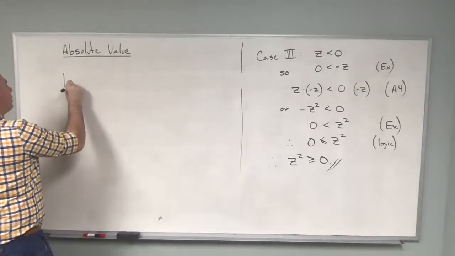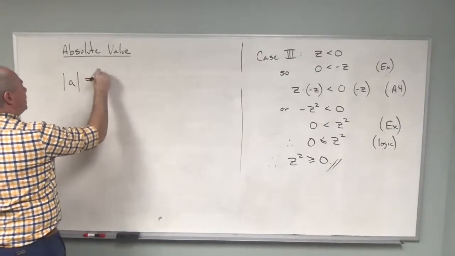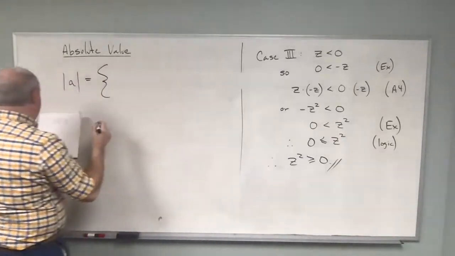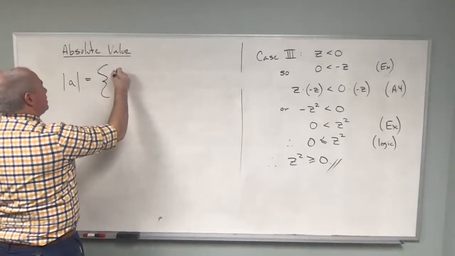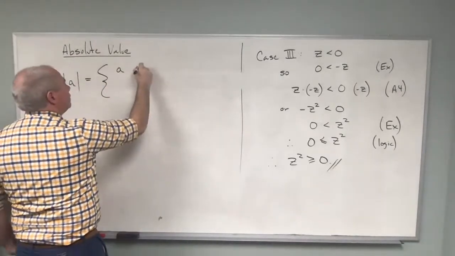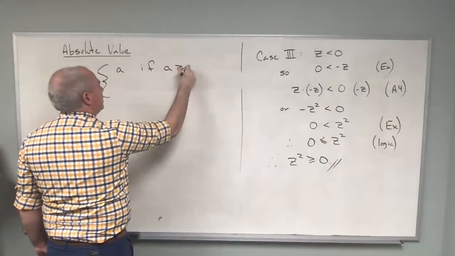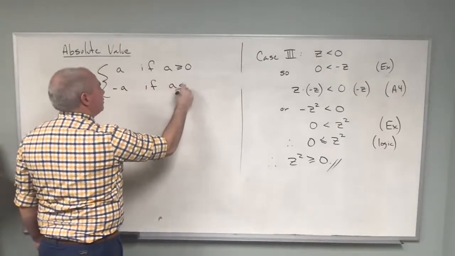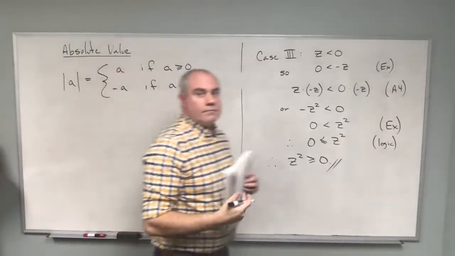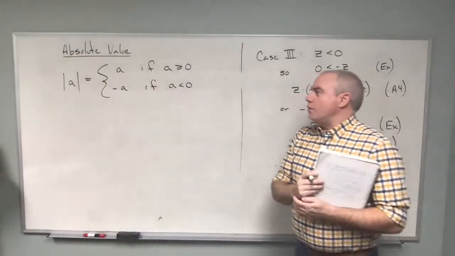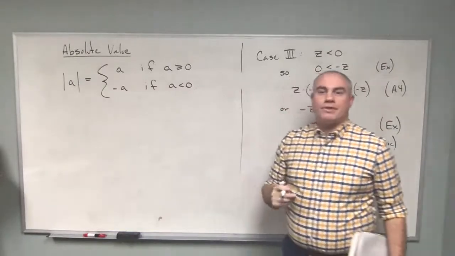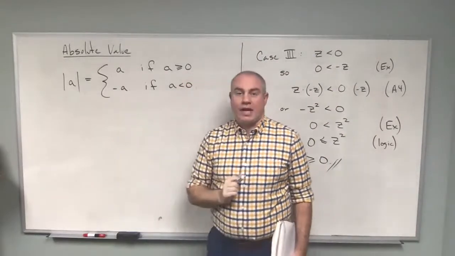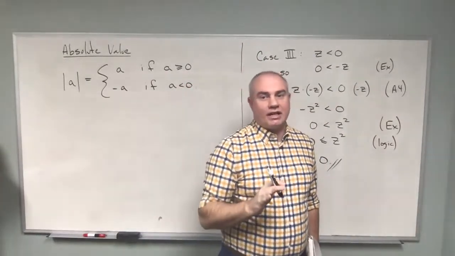Well, if I were to define the absolute value of A, I would say, whoa, drop the pen, that the absolute value of A is equal to A if A is greater than or equal to 0, and it's equal to negative A if A is less than 0. Okay, and sometimes when people look at this definition for the first time, they don't like it very much because I say that the absolute value of A could be negative A. But when you really think about it for a second, it makes perfect sense.